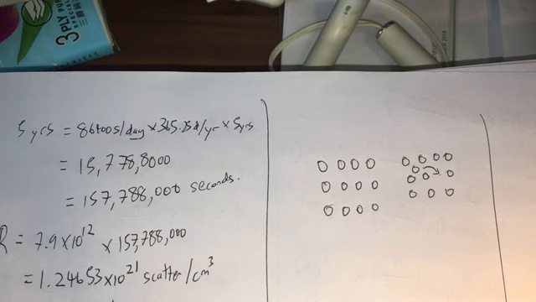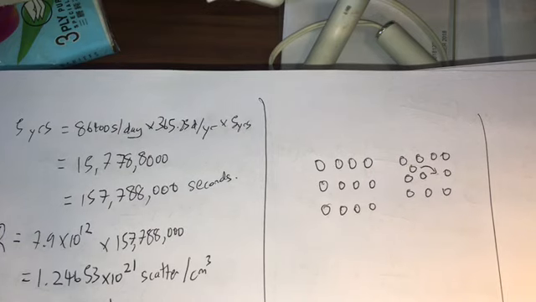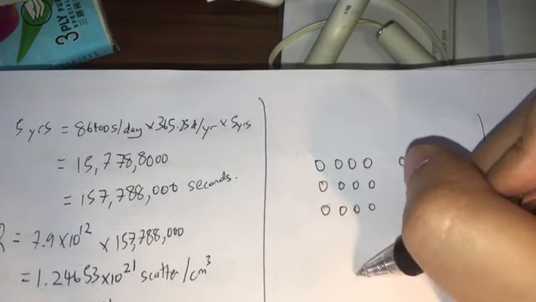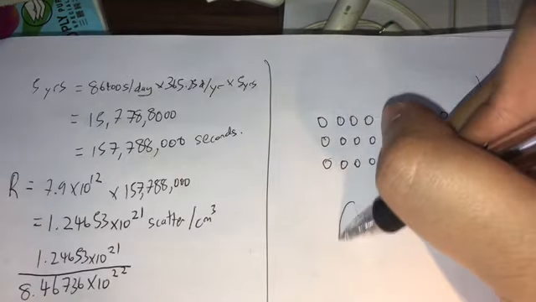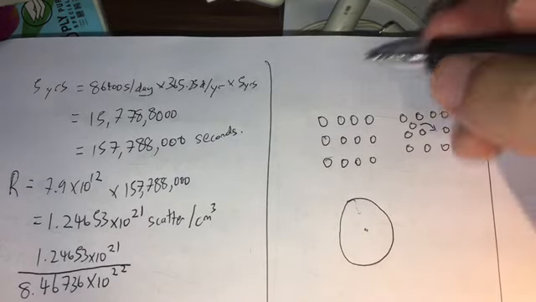Furthermore, we may be overestimating the number of displacements because we assume these atoms are large spheres. But in reality, they are a soft electronic cloud surrounding a hard nucleus.